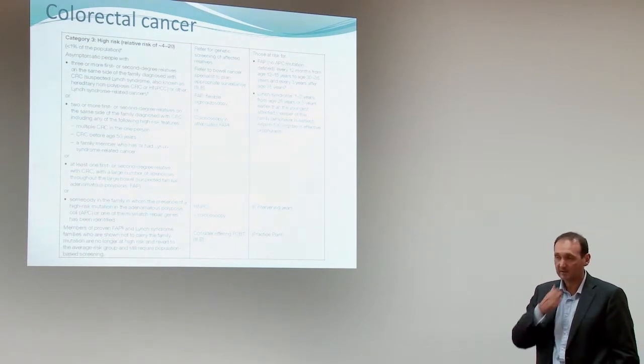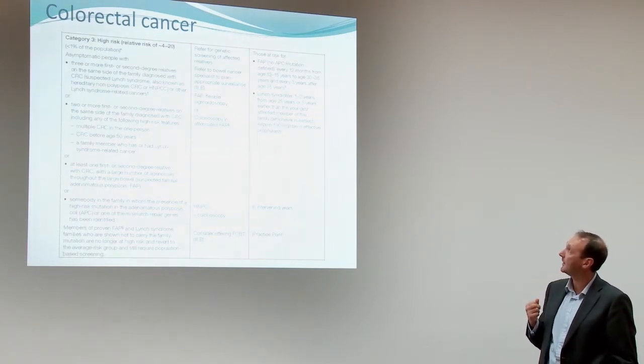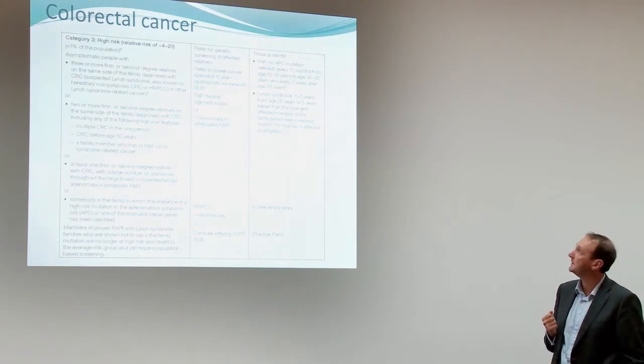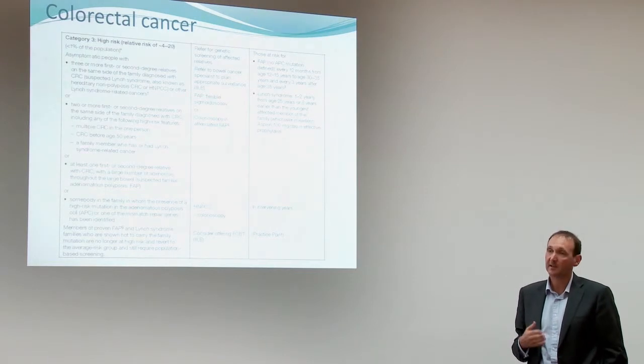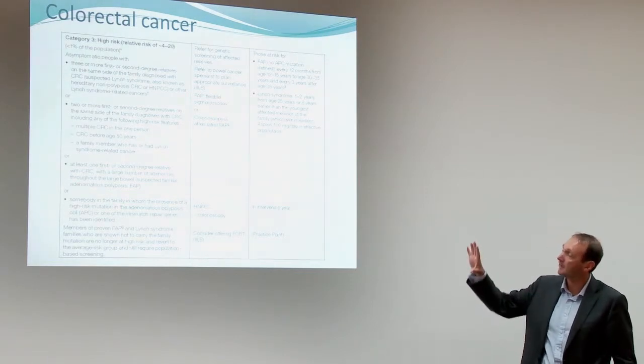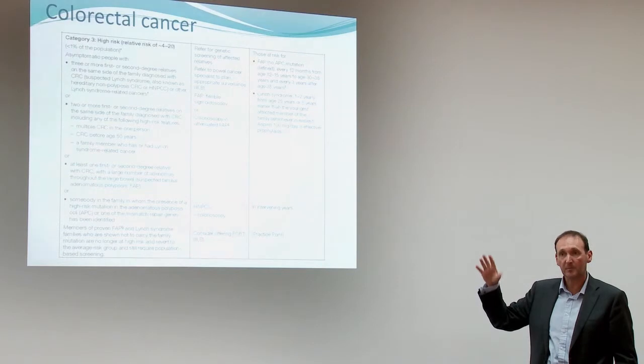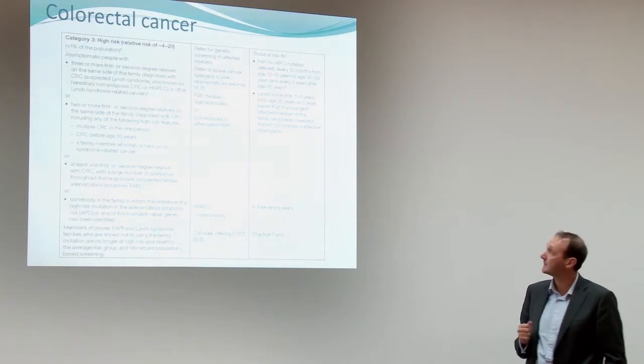It's a very rare condition though. Lynch syndrome would be offered colonoscopy from the age of 25 every 1 to 2 years, and again possible genetic testing. So these again, like the breast cancer families, are best managed within the family cancer clinic.